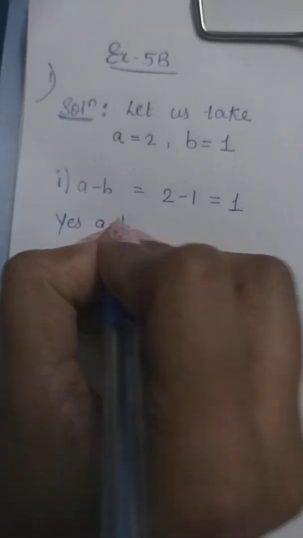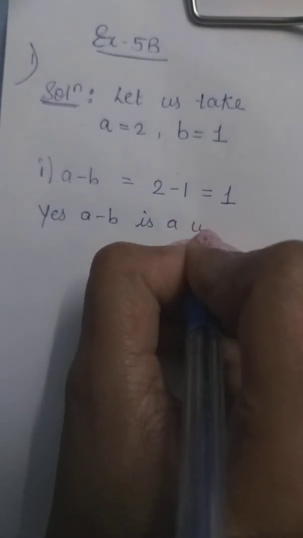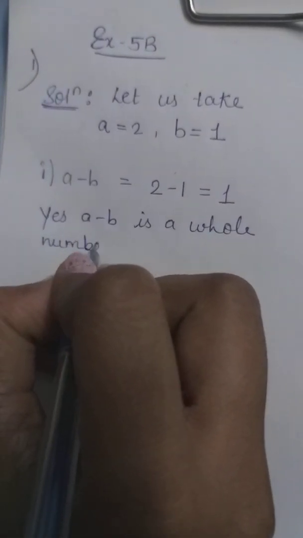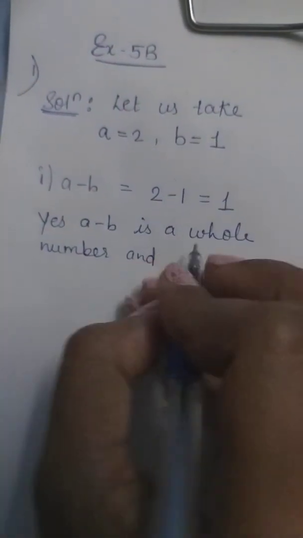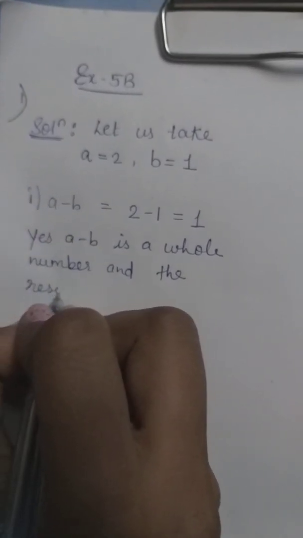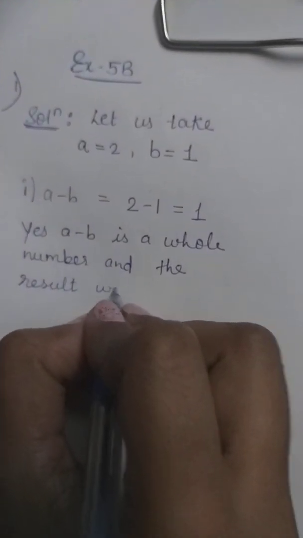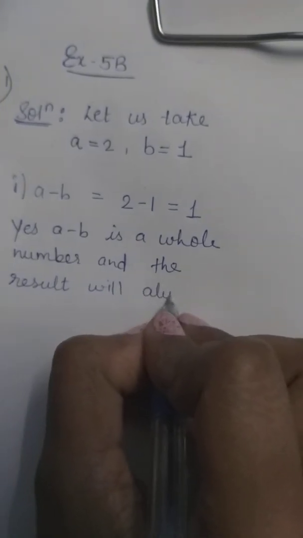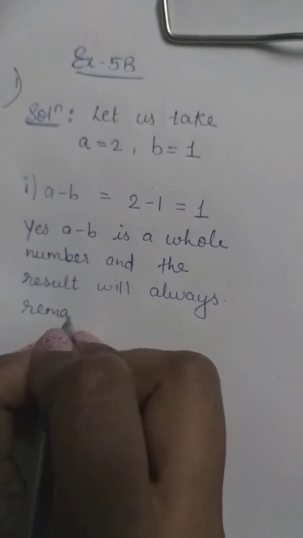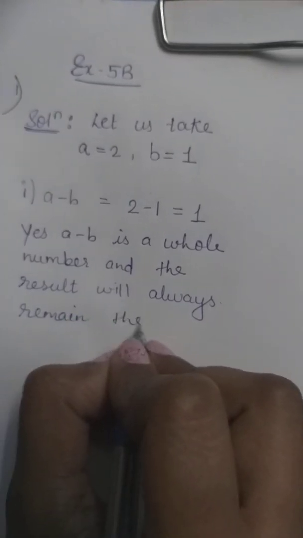A minus b is a whole number, and the result will always remain the same.